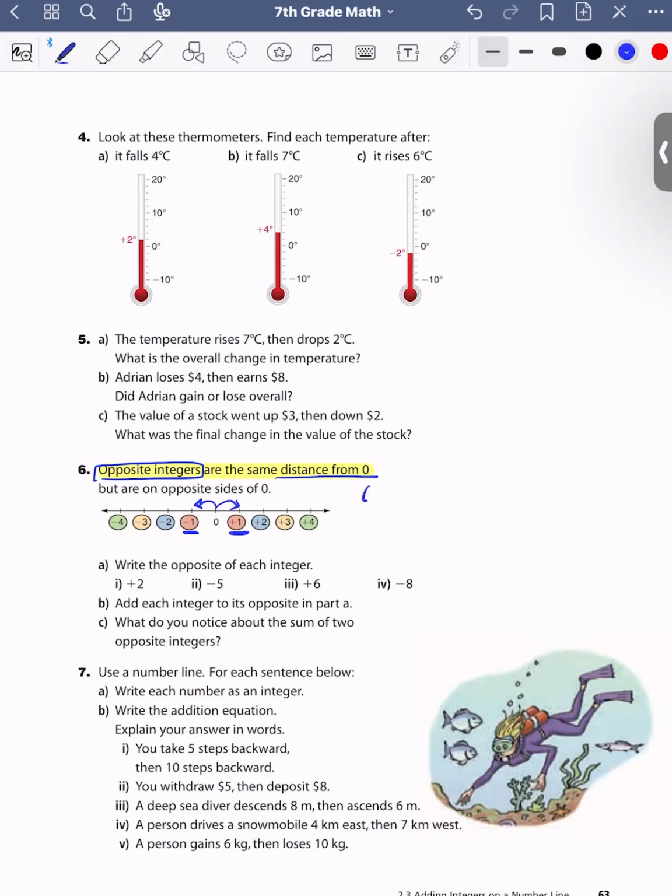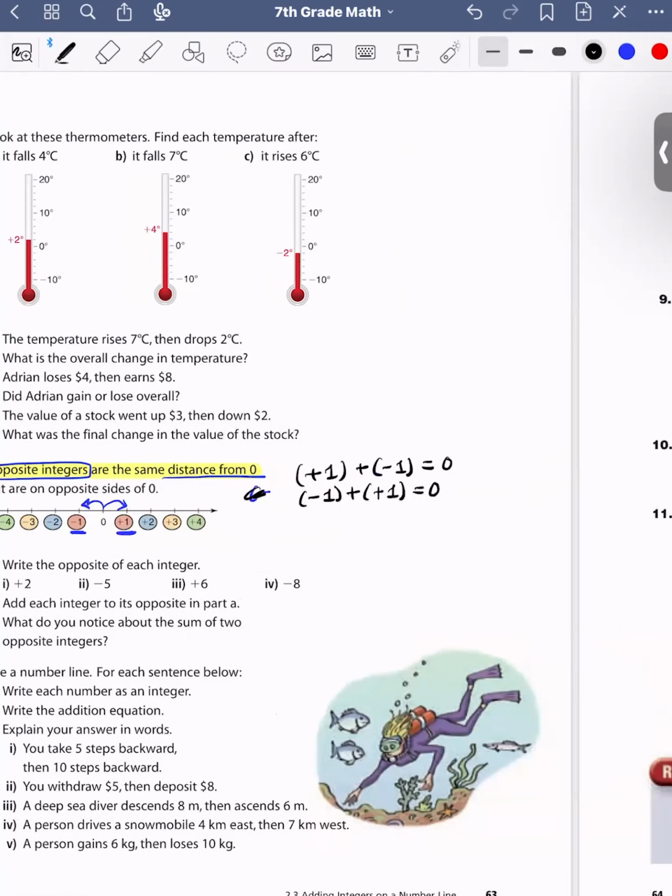So if we add plus 1 and negative 1 together, it's going to give us 0. It doesn't matter if we change the order. If we add -1 with +1, it also gives us 0. Right? Okay.